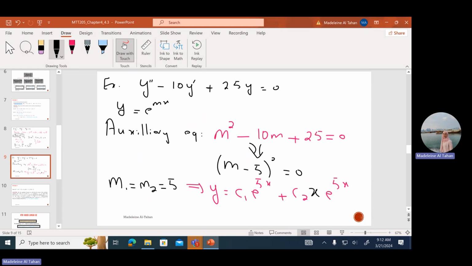We will multiply by x. Can we write c1 e^(5x) plus c2 e^(5x)? Why not? Because they will be dependent. To remove the dependency, we multiply by x.